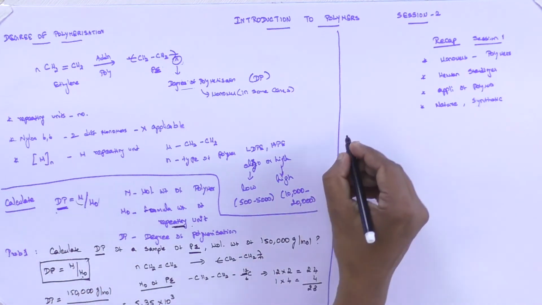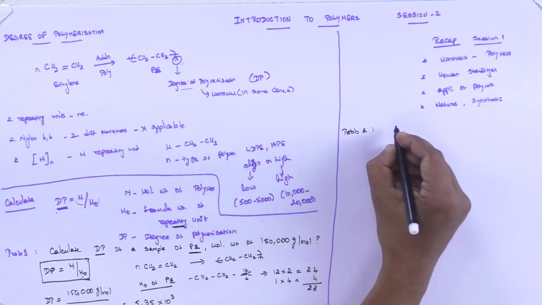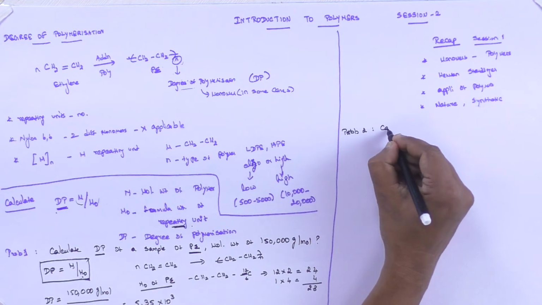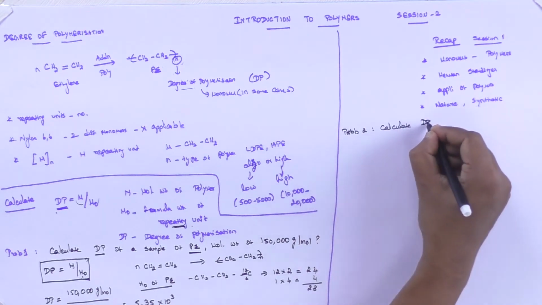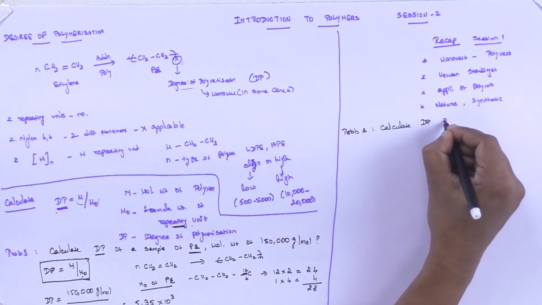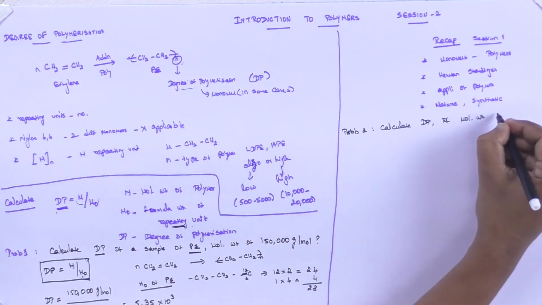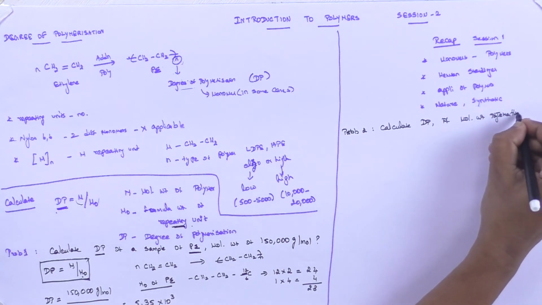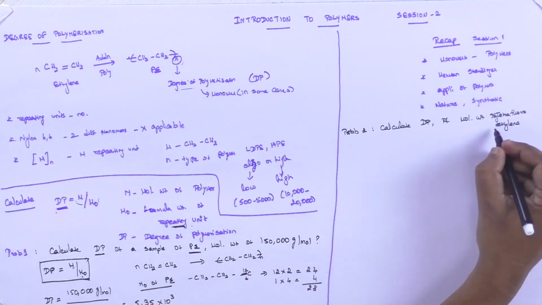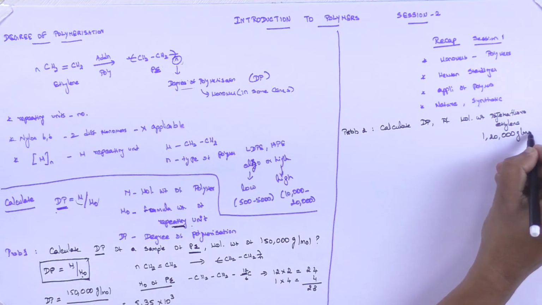Can you try another example? Problem 2. I am giving you only the problem. I want you to calculate the answer. Calculate the degree of polymerization if the molecular weight of polytetrafluoroethylene is 120,000 gram per mole.